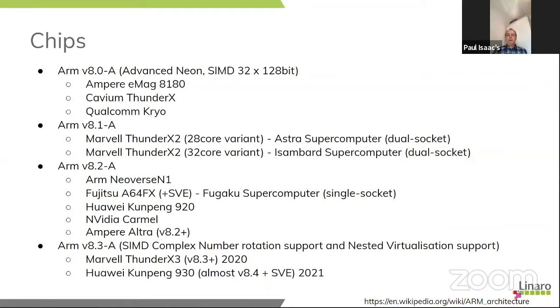So the first version of the 64-bit was the ARM v8, which introduced the advanced Neon SIMD architecture. That had 32 registers of 128 bits. And that was implemented in silicon by the Ampere EMAG, the Cavium Thunder X, and the Qualcomm Cryo.